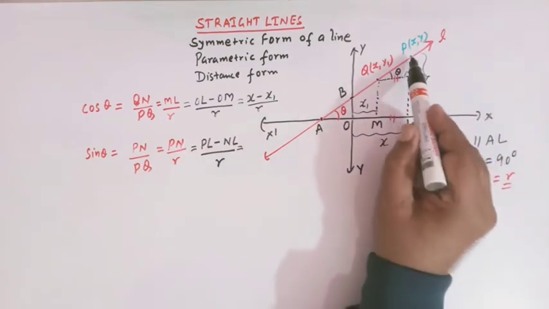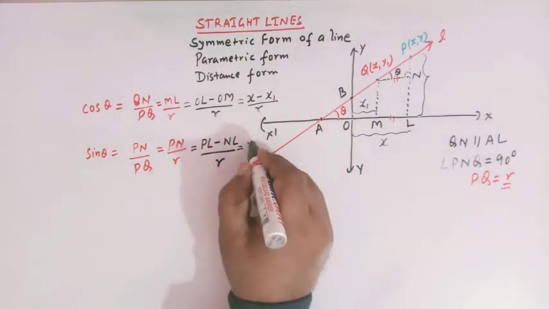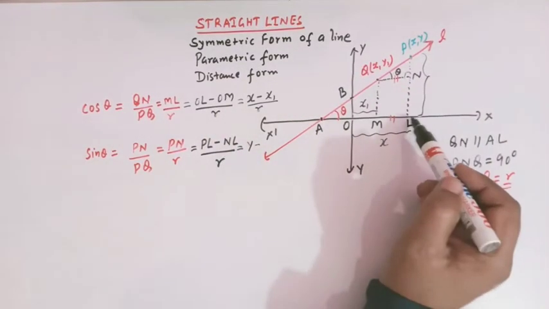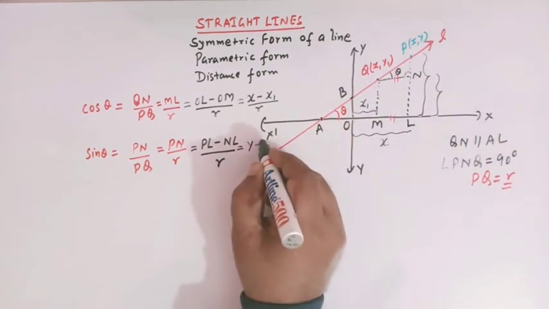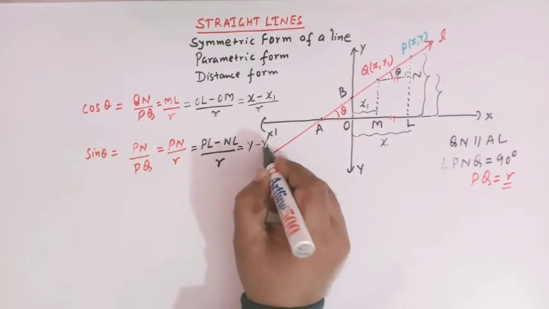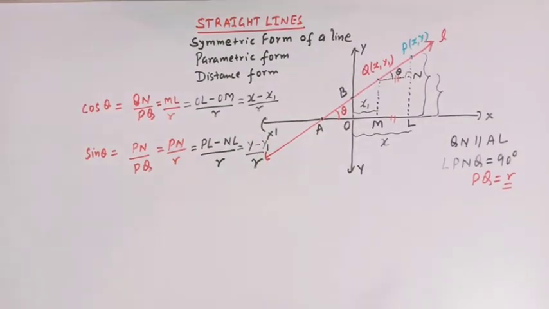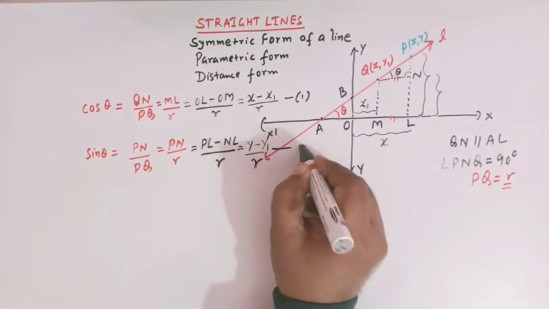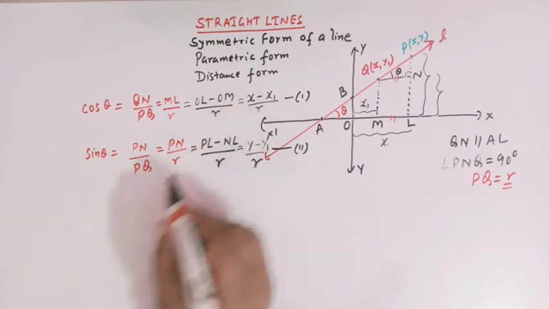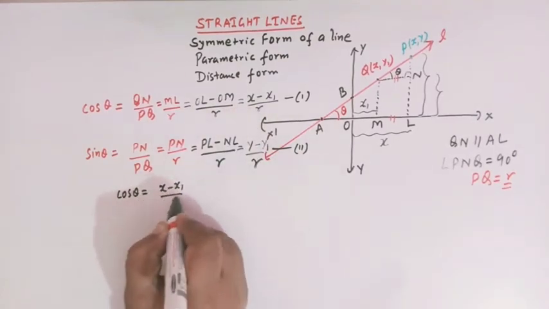PL is nothing but our y coordinate, and NL is our coordinate y1, so we have y minus y1 divided by r. So from these equations we have cos theta is equal to x minus x1 over r.